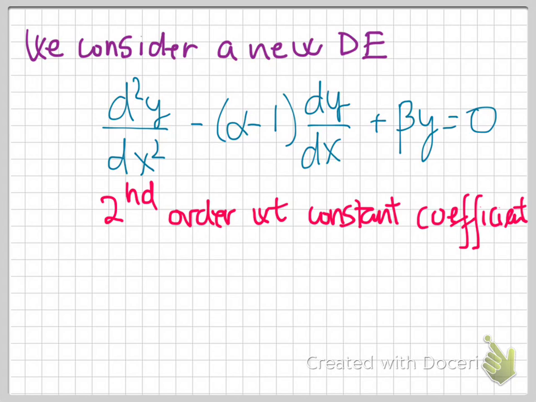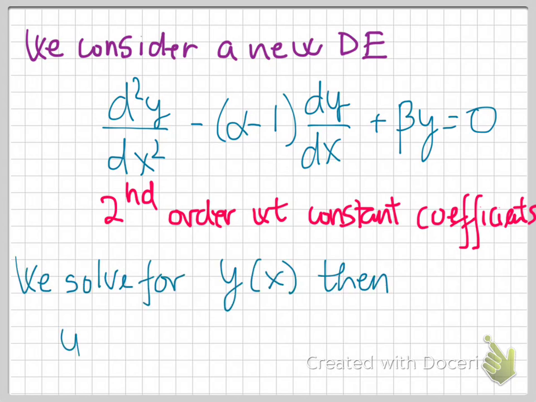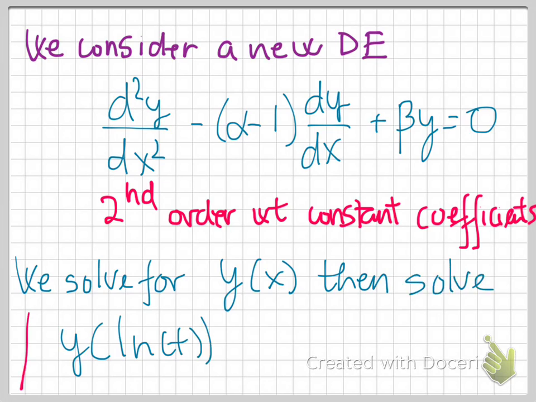We know how to solve this equation. We can solve for y in terms of x, and then we replace x by natural log of t to solve for y in terms of t.